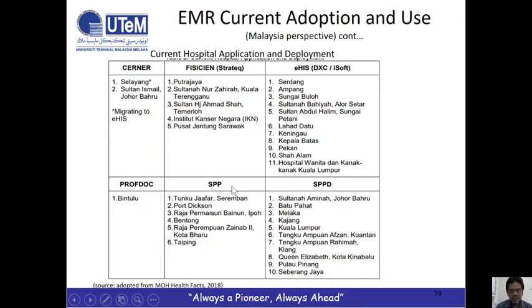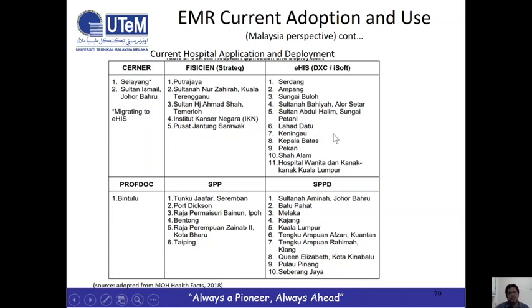SPP and SPPD are applications that manage patient management only, the patient registration: outpatient registration and inpatient registration. These two applications were developed in-house by the IT center of MOH.